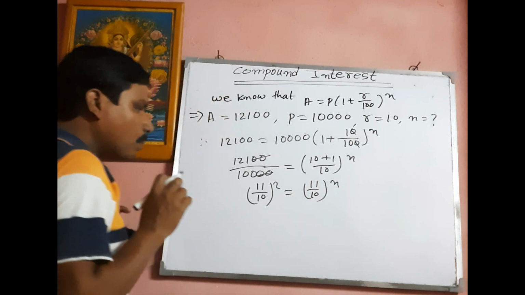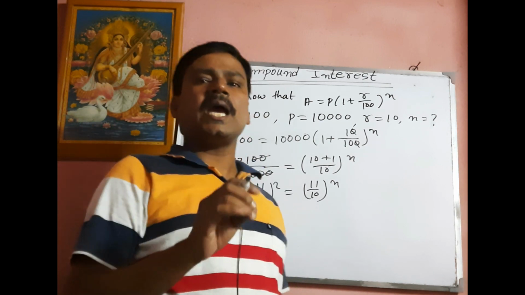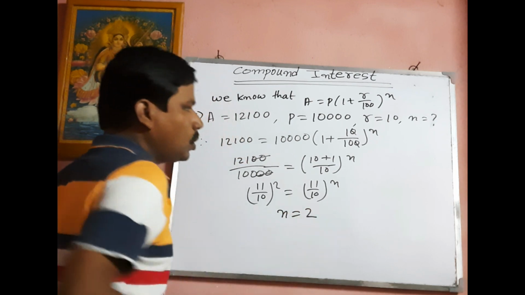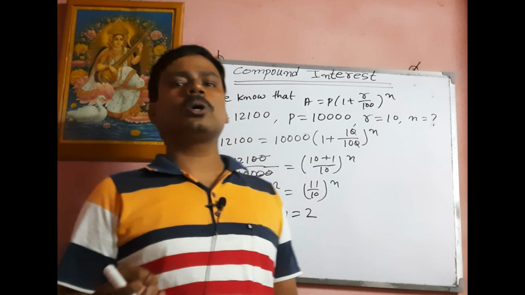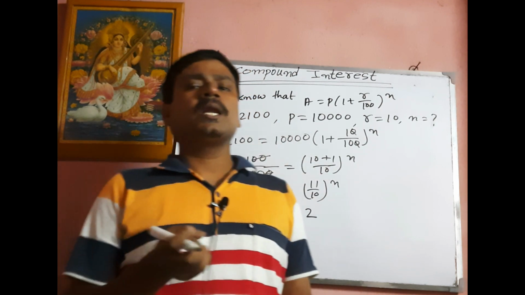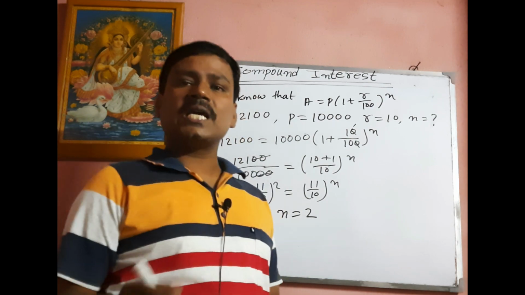So by using the property of index, we can say n is equal to 2. That is, the time period is 2 years for the given problem. So this is the complete second example.